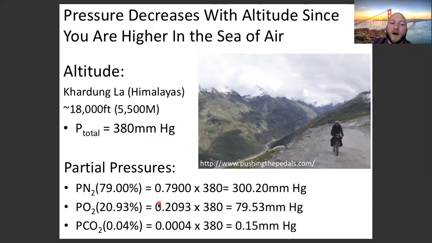Partial pressure of oxygen, 0.2093 times 380 gives us 79.53 millimeters of mercury. Carbon dioxide, 0.0004 times 380, 0.15 millimeters of mercury is our partial pressure for CO2.